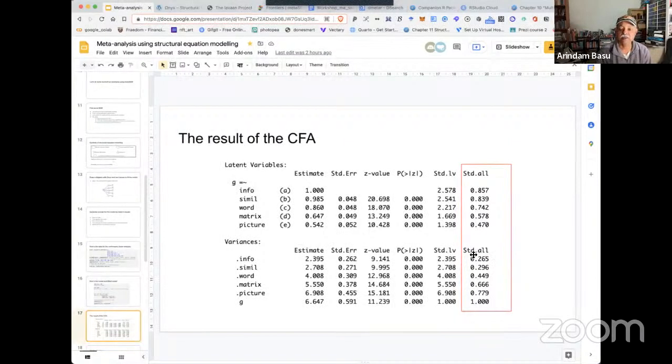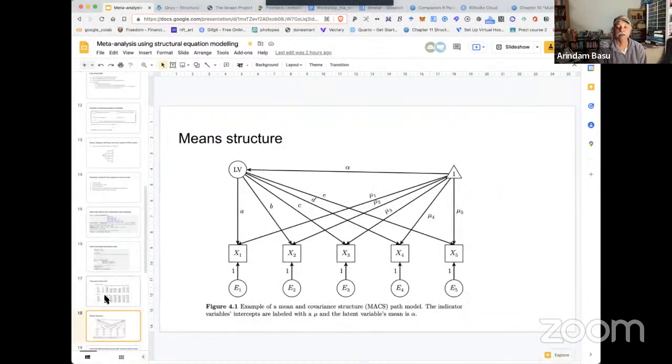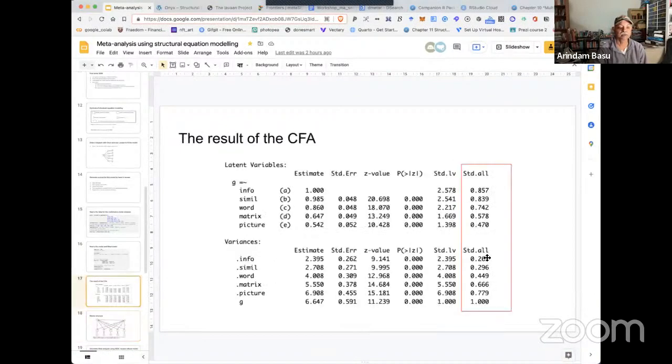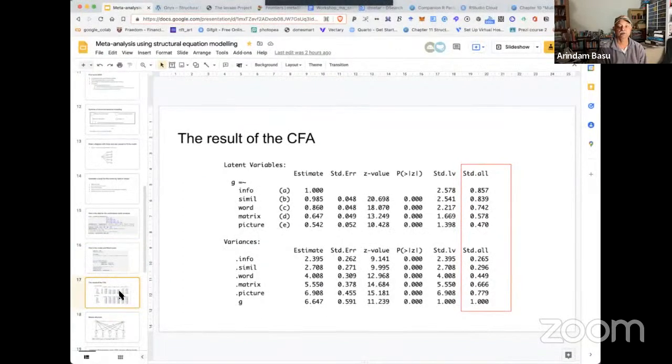This is unexplained variance, and this is explained variance. This is the part of the variance of the info variable explained by G, and this is the part that is unexplained, that remains as its error variance. Okay, so this is the communality factor, and this is the unique variance that we get to see. Again, I apologize, I was too fast, but this is in general how a confirmatory factor analysis runs.